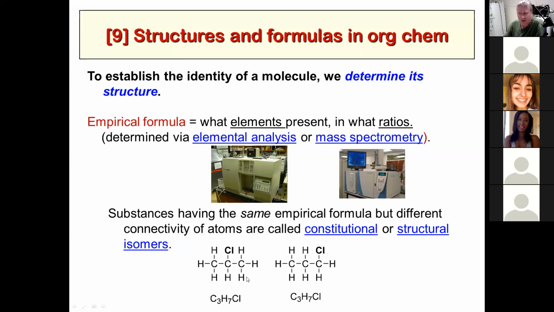So these are different molecules, but by the molecular formula, they would look the same, right? But the structure is different. So that's called a constitutional isomer, and you're going to be seeing constitutional isomers like crazy in some of the upcoming chapters. So that's what a constitutional isomer is.